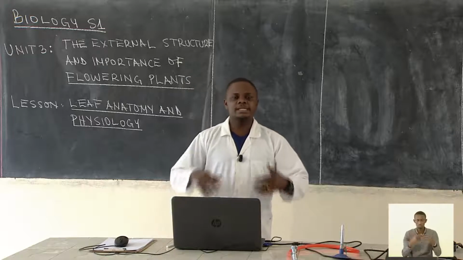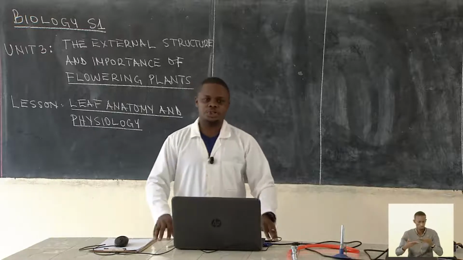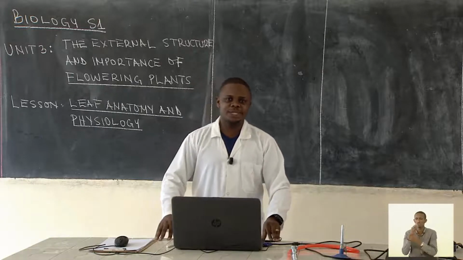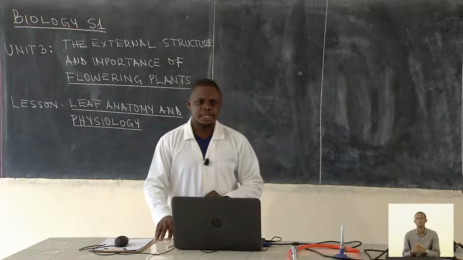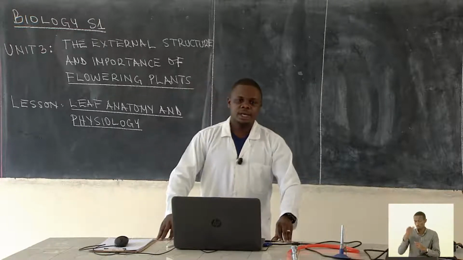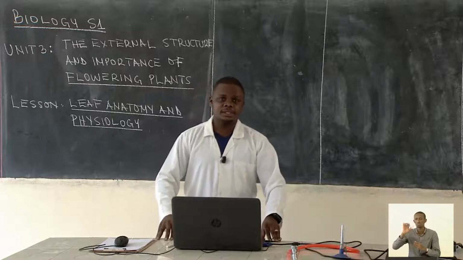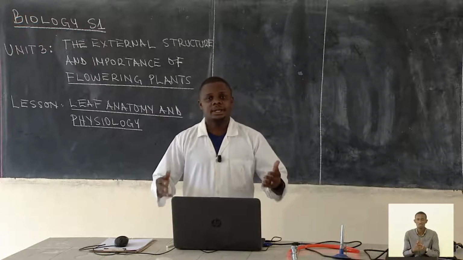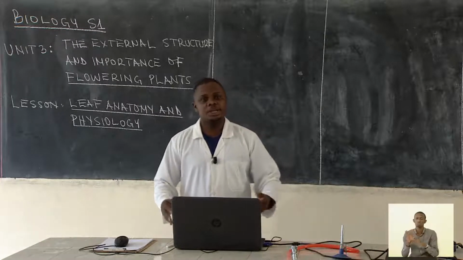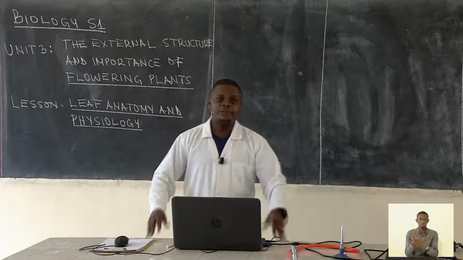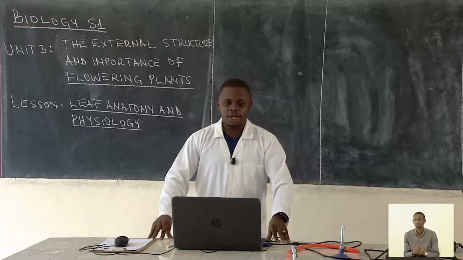Meaning, after discussing different parts of the leaf, we will talk about their functions. That is our lesson today, leaf anatomy and physiology. By the end of this lesson, make sure you are able to give functions of leaves and modification of leaves. Here I need you to give examples of modified leaves and their functions.